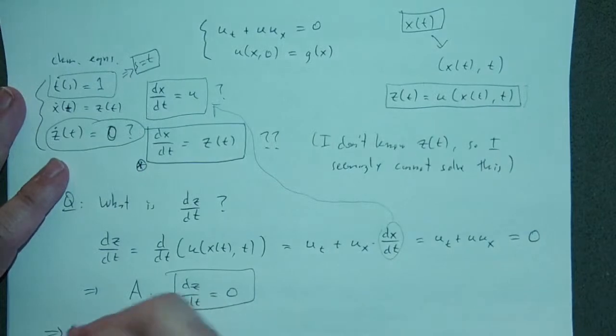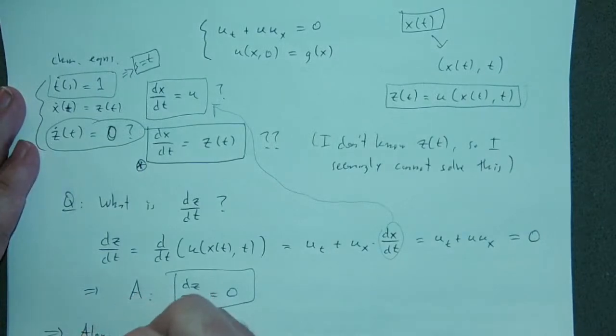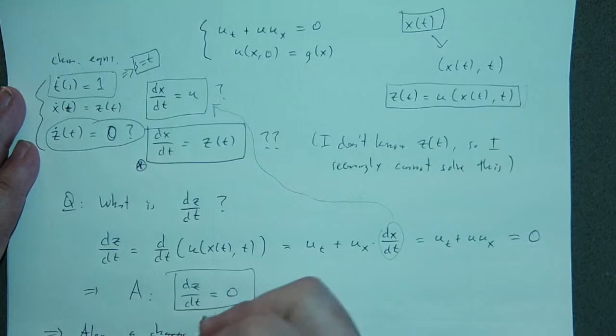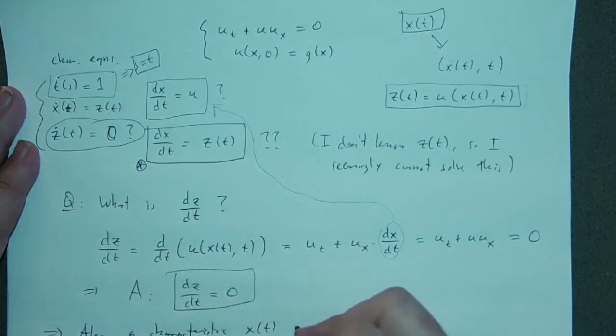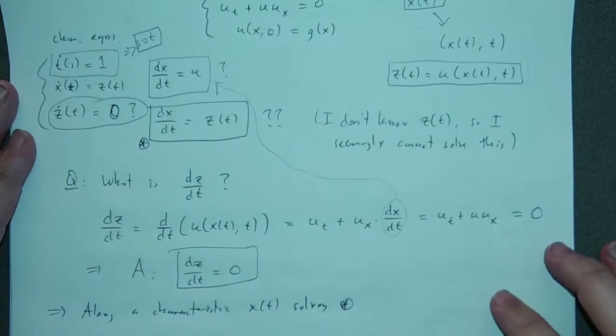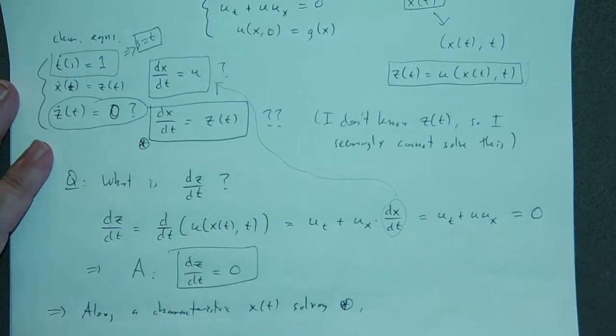So what this means is that along a characteristic x of t solving this asterisk differential equation, the value of the solution is constant.